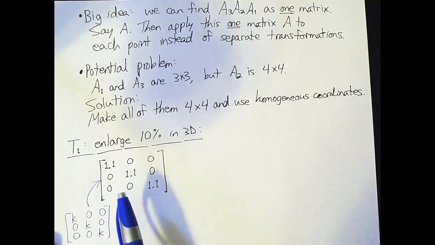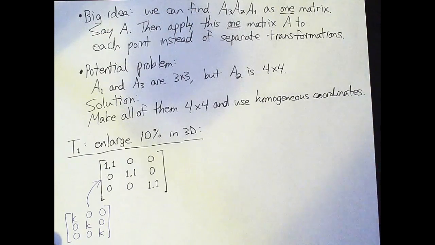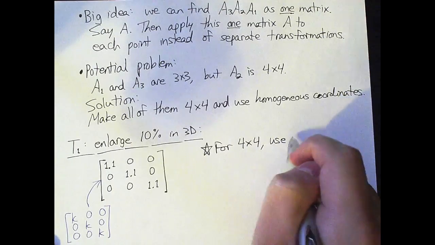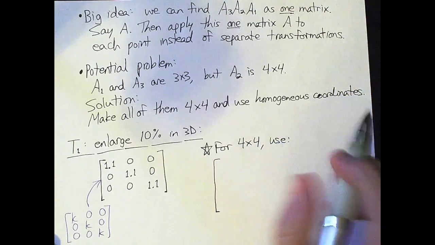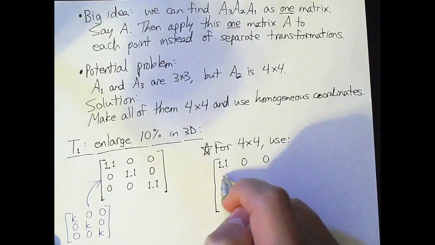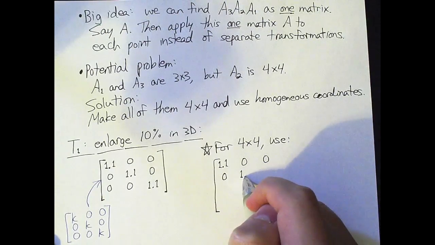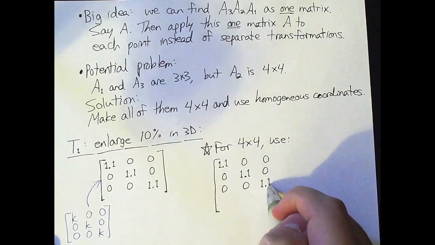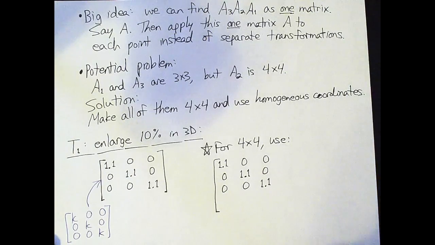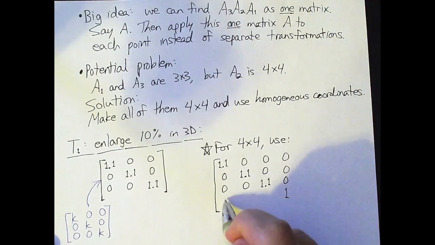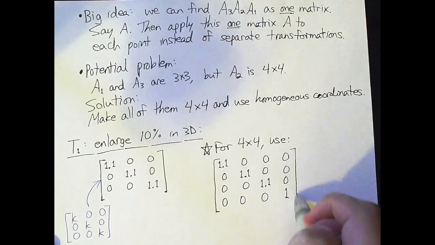We want the object to become 1.1 of its original size. But we want to do the 4x4 case, so what we're going to use when we add that extra coordinate of 1, we simply start with the 3x3 matrix that we had. And for that 4th coordinate, we just have a 0, 0, 0, 1 in the lower right. And that's going to work.